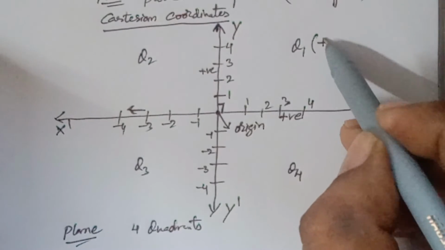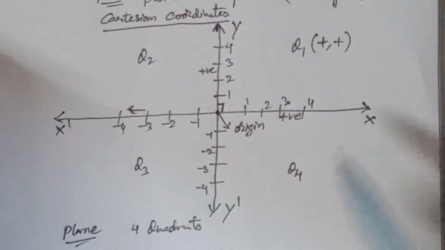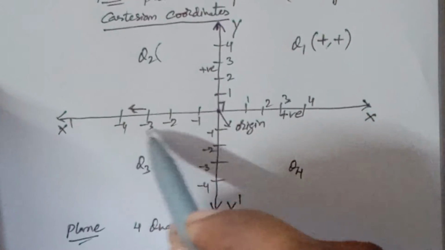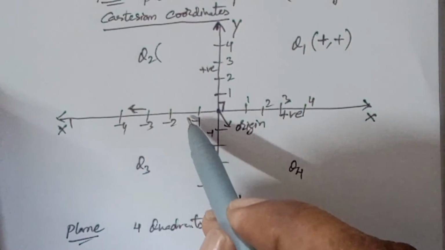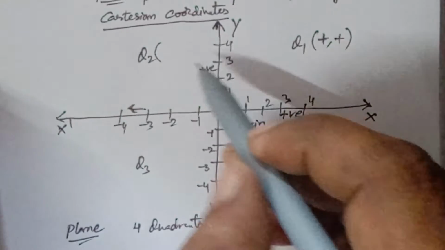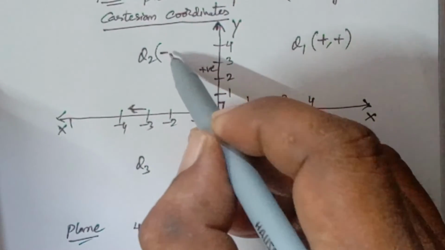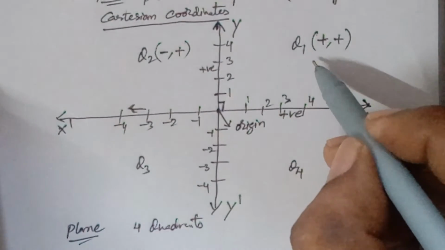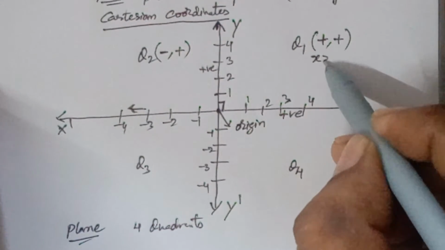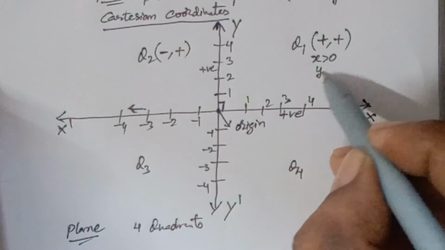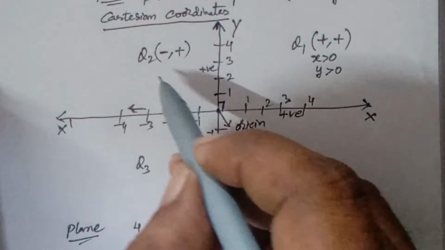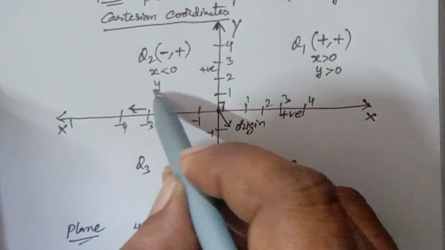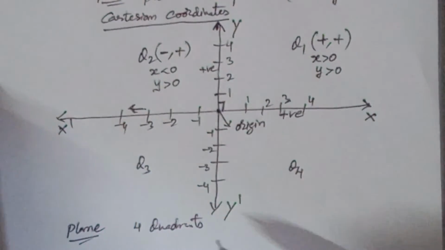In the second quadrant, x value is negative and y value is positive. So here you can write x greater than 0, y greater than 0, and here x less than 0 and y greater than 0.